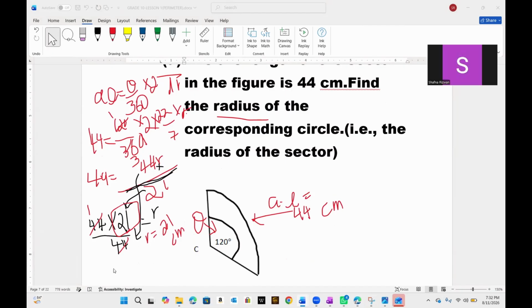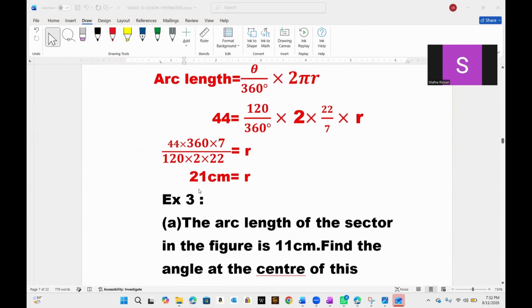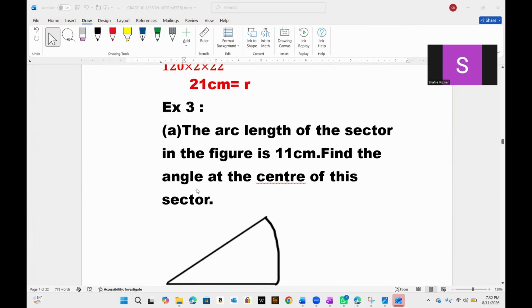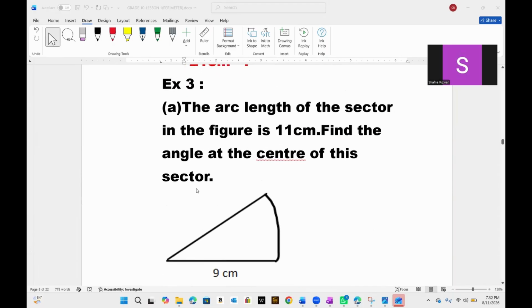Okay, now let's move to the next example. Now see this example. They have given you that the arc length of the sector in the figure is 11 centimeter. Now let's mark everything. So what is the arc length they have given you here?